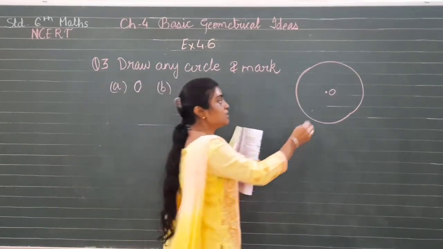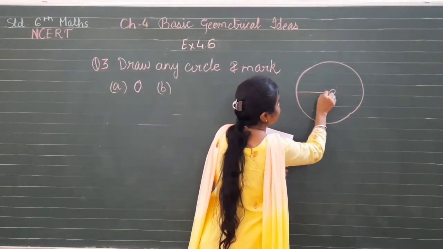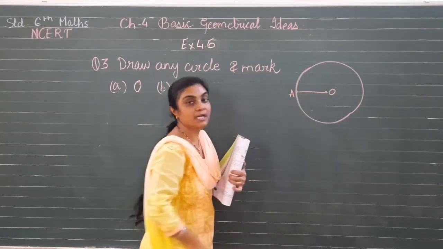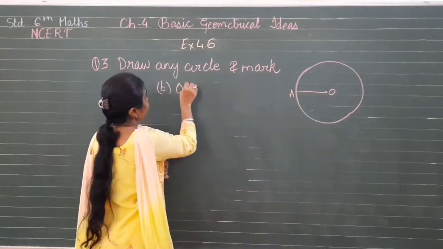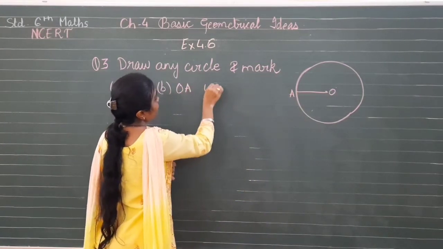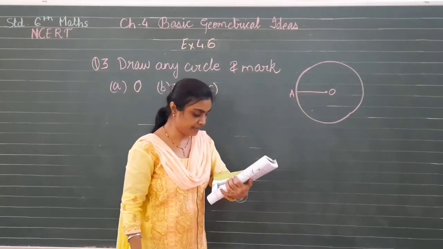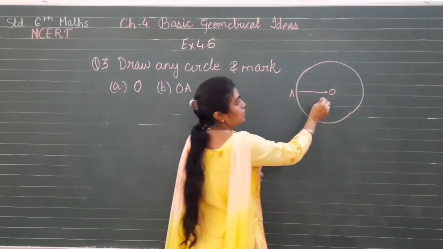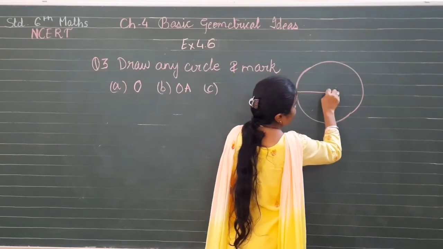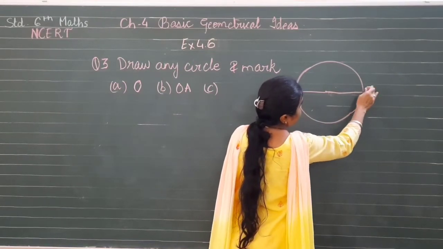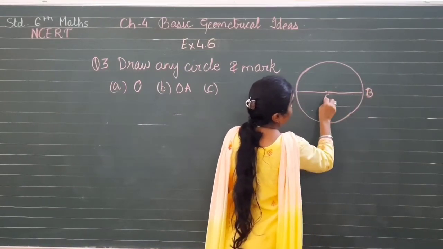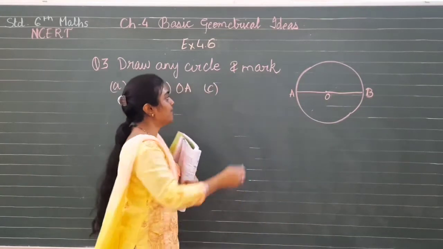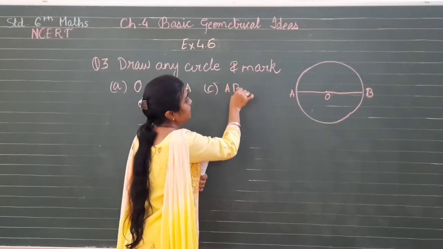Let us name it OA. So OA can be called a radius. C, a diameter. I am connecting from this point to this point, so AB can be called a diameter.